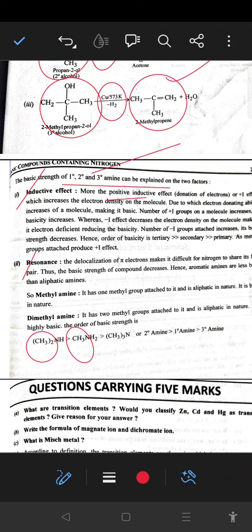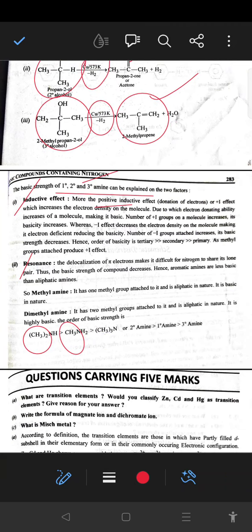So according to the positive inductive effect, increased electron density increases the electron donating ability of the molecule, making it basic. So according to that, the order of basicity is tertiary, then secondary, then primary.